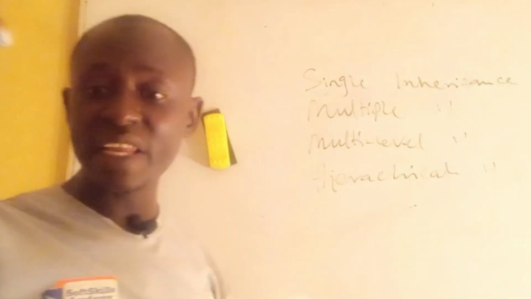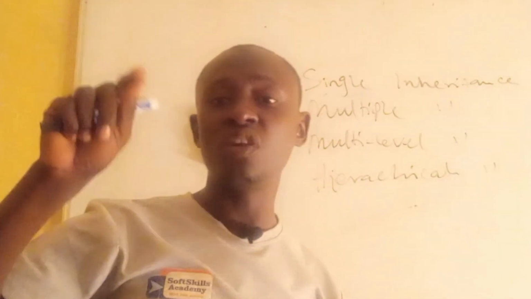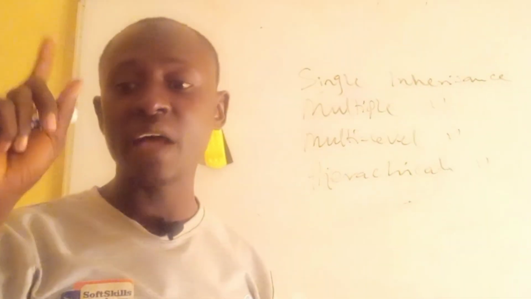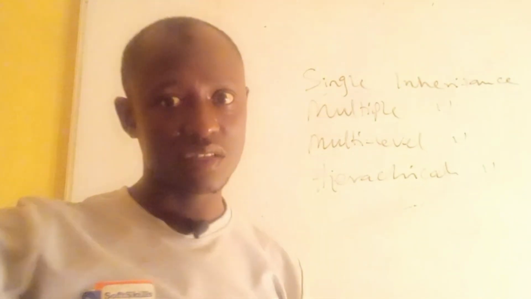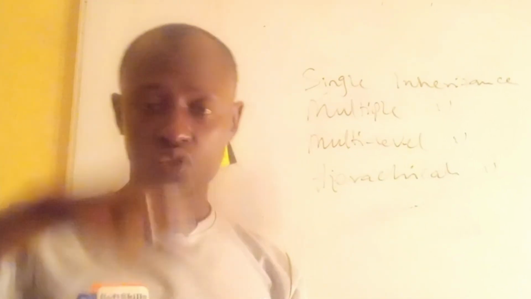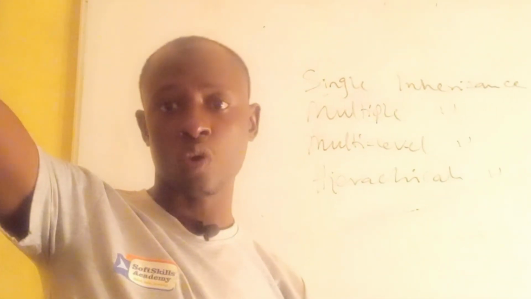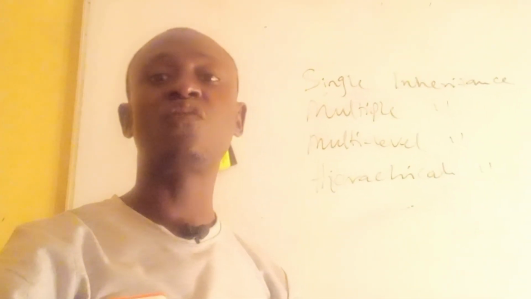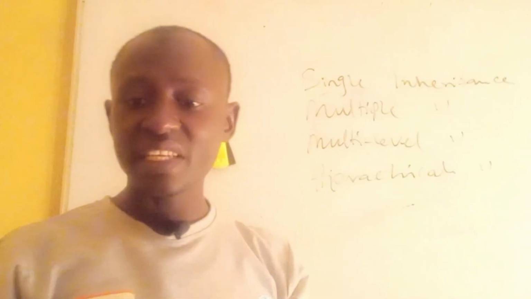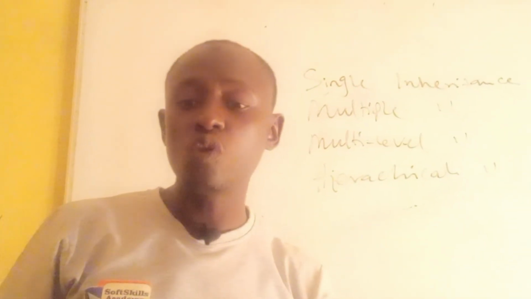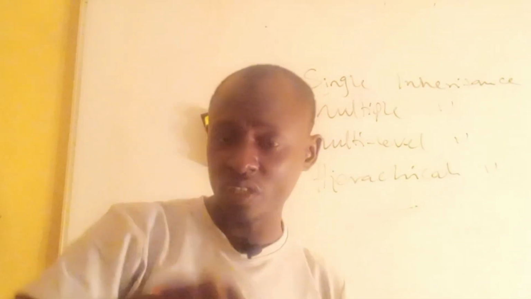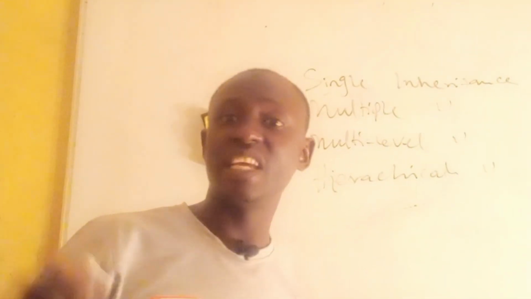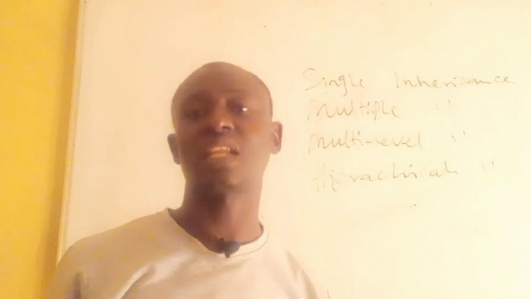In single inheritance, a class can only inherit from one single superclass, not sub. Sub is the one that is down, super is the one that is up. In hierarchical, multiple of these subclasses, the ones that are under, can inherit from a single superclass. That is the difference.